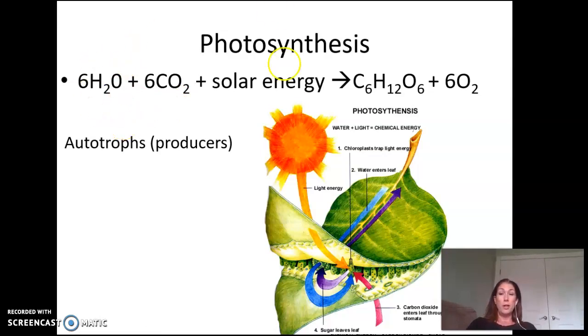But remember, it's not that hard because you guys do know that water and carbon dioxide and light go in. You also know that glucose and oxygen comes out. So the only molecule you need to memorize is this glucose. And then remember, our prefixes 6, 6, and 6. So don't forget to make sure that you have a balanced equation.